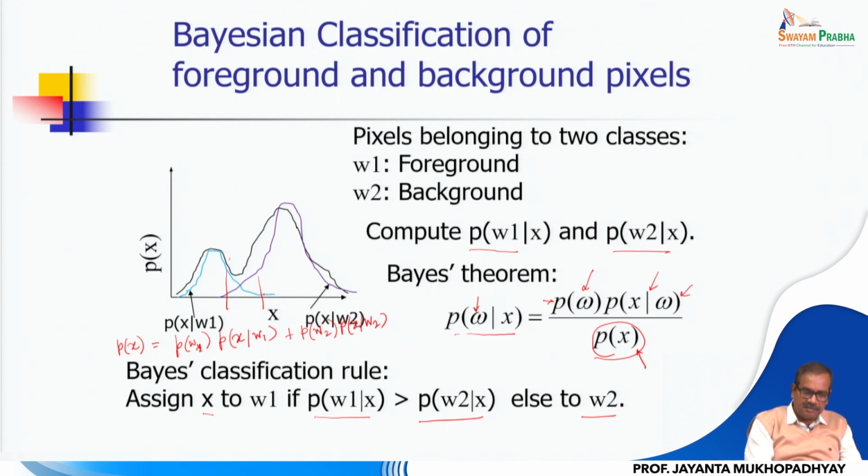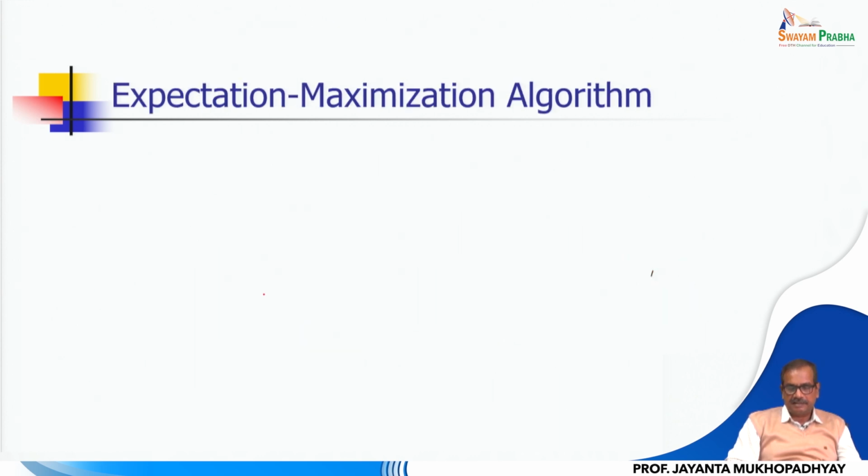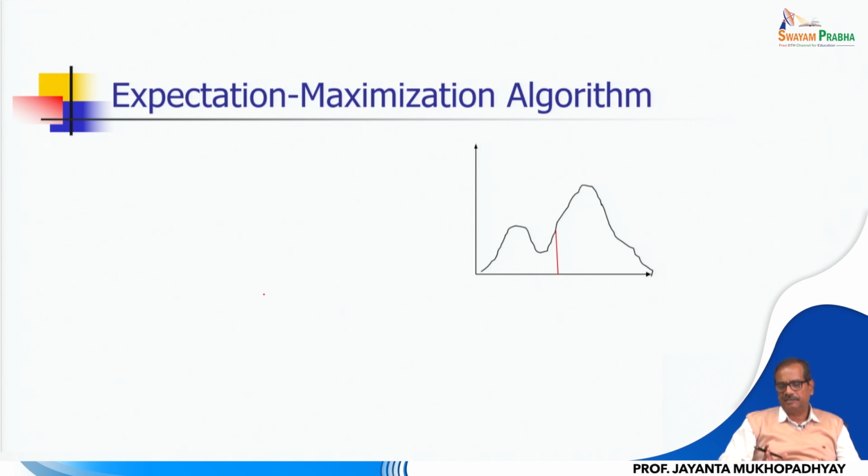So what we do is estimate these probabilities using certain thresholds, and we use an expectation maximization algorithm. Let us consider some threshold value, beyond which the dominant class is W2, and on the other side it is W1.